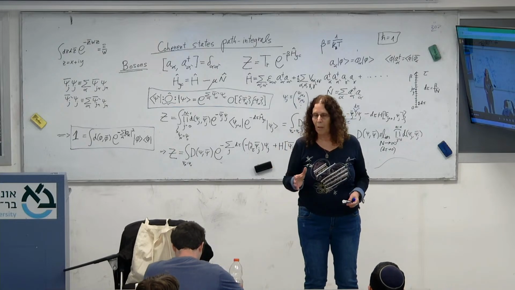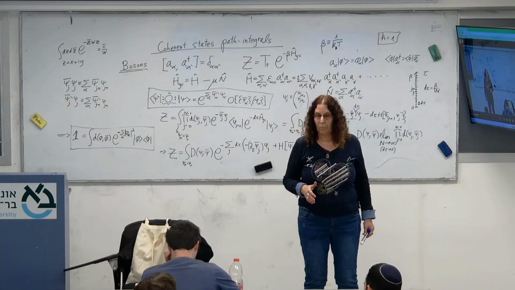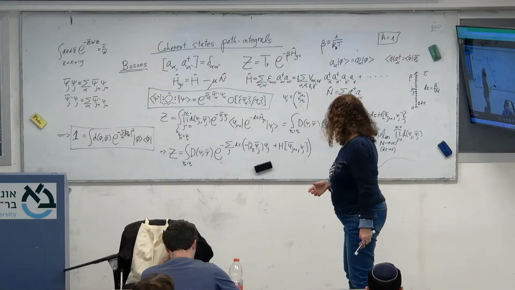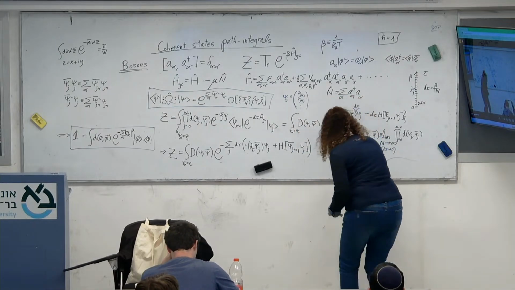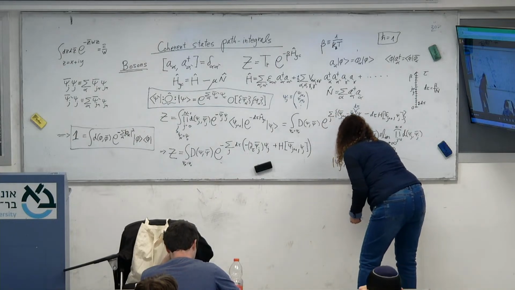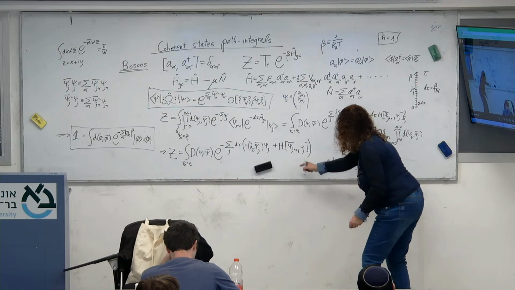Both psi j and psi j plus 1 are coherent states, because I wrote a resolution of identity in terms of them.